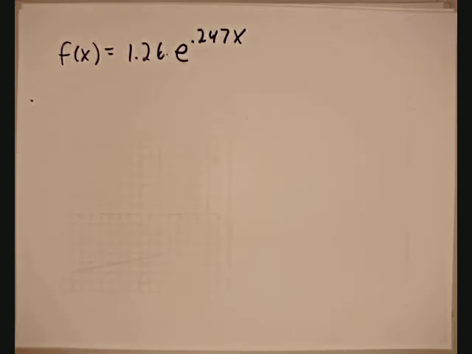Okay, so we have a year, and we're asked to figure out a population. So this is a matter of putting an x value into our function. But be very careful with which x value you put in. You don't want to put in 2015 because it says x is the years after 1978.